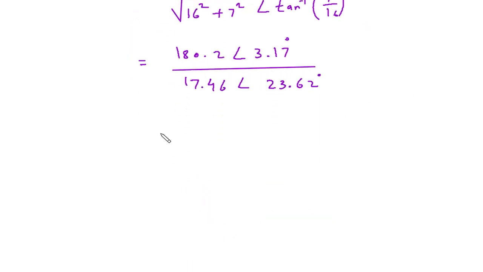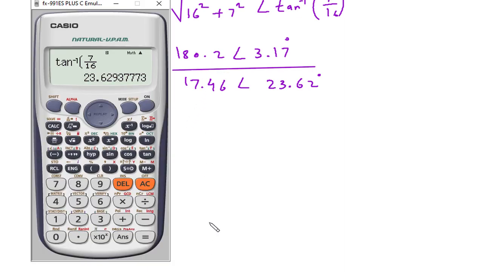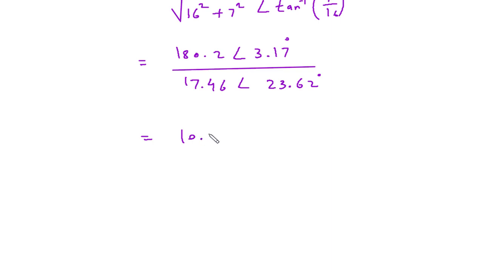So this will be 180.2 divided by 17.46. It is 10.32 at an angle of 3.17 degree minus 23.62 degree.